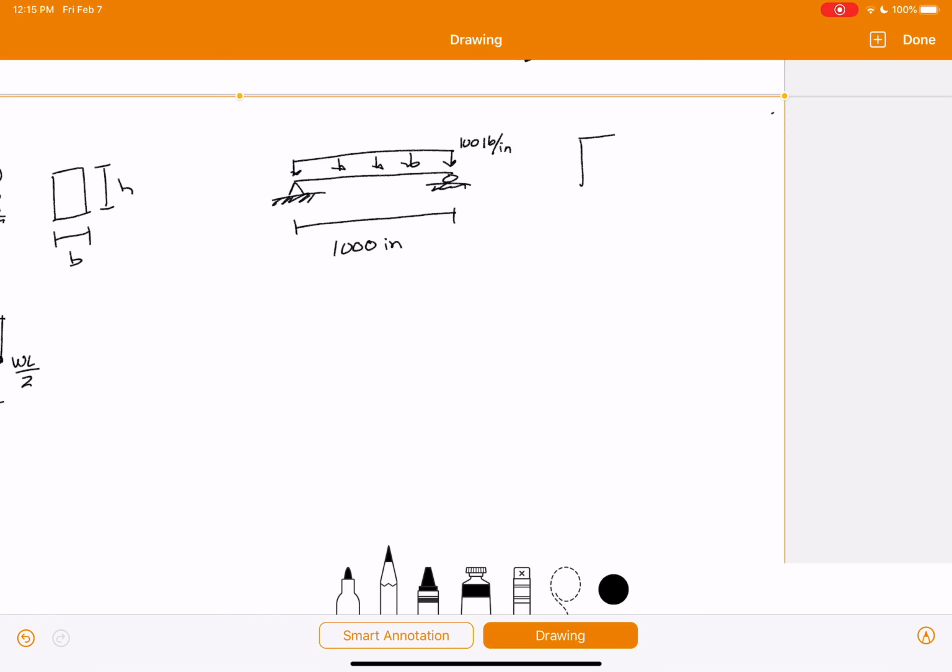And the cross section of our beam is rectangular with a base of 2 inches and a height of 4 inches.